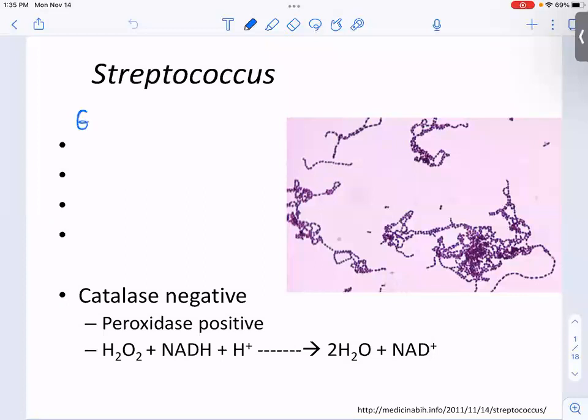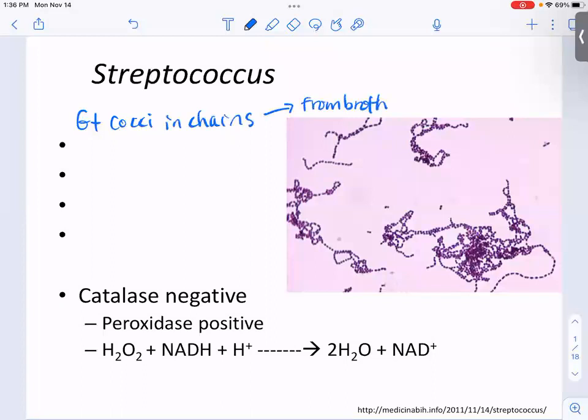These are gram-positive cocci in chains. Okay, so we especially will see that chaining when we take our cells from a broth. You don't always see it if you are gram staining just from a colony. So that's why we like for you to do gram stains from your broth.